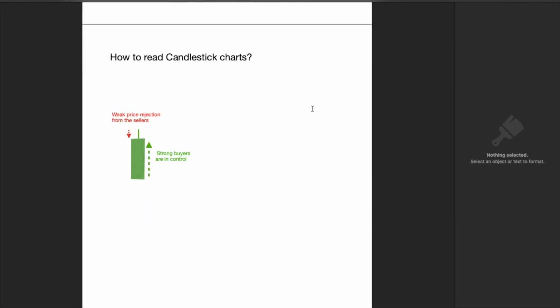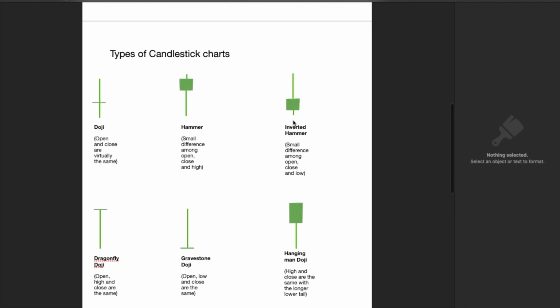Now let's look at one of the types that I showed earlier. Let's look at this one. Here you see that weak buyers are in control, whereas there is a very strong rejection of the price. In this case it opened at a low point and closed at a higher point than the open, but still you see there is a longer tail from above, which shows really strong sellers are in control.